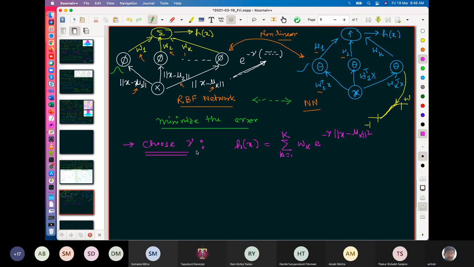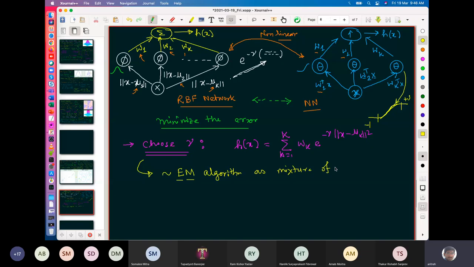So how can I choose this gamma? That is the topic of next week's lecture, which is called the EM algorithm. EM stands for expectation maximization algorithm. I will choose gamma in order to maximize my expectation as a mixture of Gaussians.